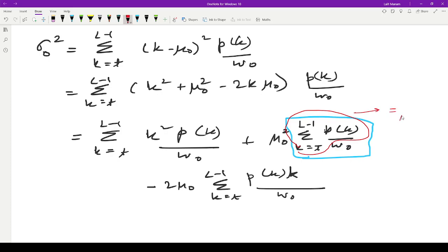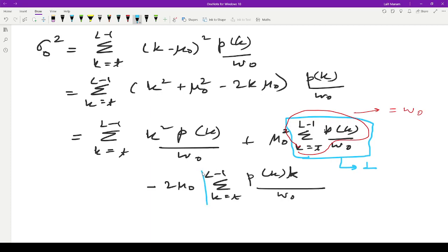This thing is equal to w naught, right? Like we defined earlier. So the whole expression will be 1. We are dividing w naught by w naught.